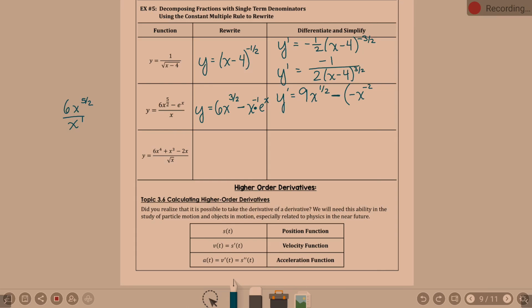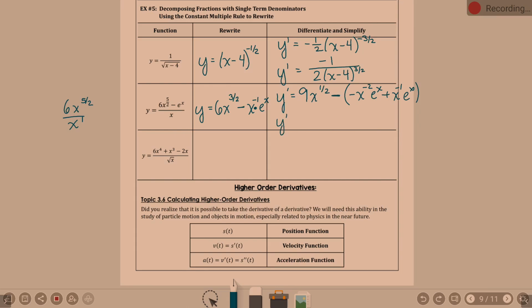Negative 1 over x squared. Yeah, I just didn't write it that way yet. And then that's derivative of the first term, keep the second, so times e to the x. And that's a product rule, so plus. And then keep x to the negative first, and derivative of e to the x is e to the x.